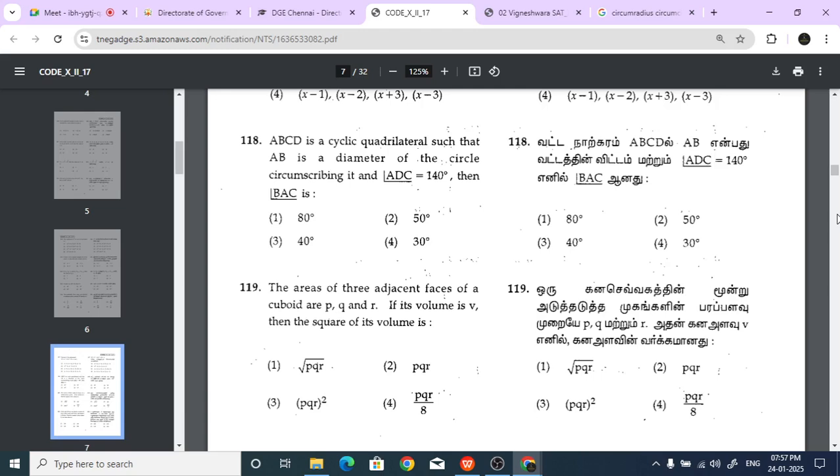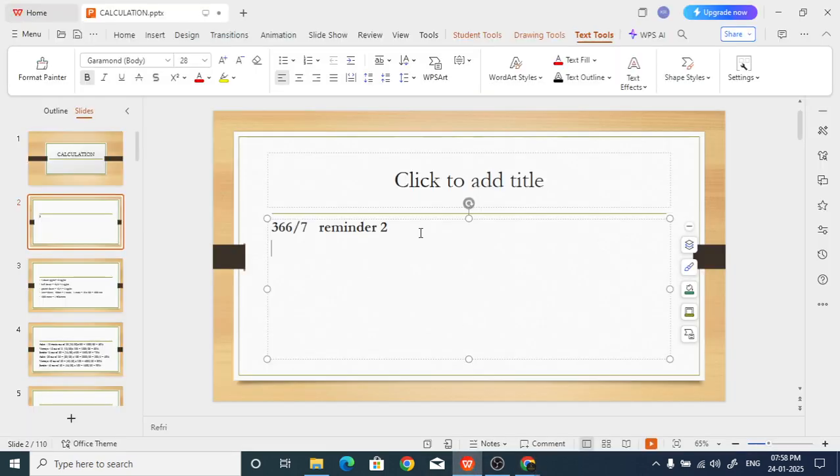If you multiply PQR, you get LB into BH into LH, which is L square, B square, H square. What we want is LBH. So L square, B square, H square equals PQR. LBH will be equal to what? Root PQR.